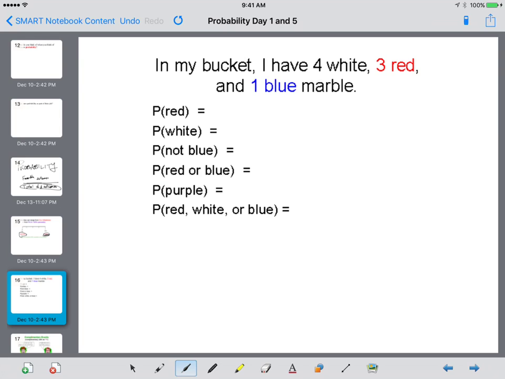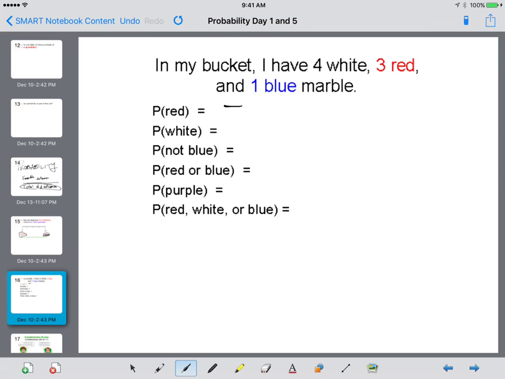So in my bucket, I have 4 white, 3 red, and 1 blue marble. What is the probability of pulling out a red marble? So the first one, you're going to see this P standing for probability, red in the middle, meaning what's the probability of pulling out a red marble? Well, it's going to be a fraction. The favorable outcomes.